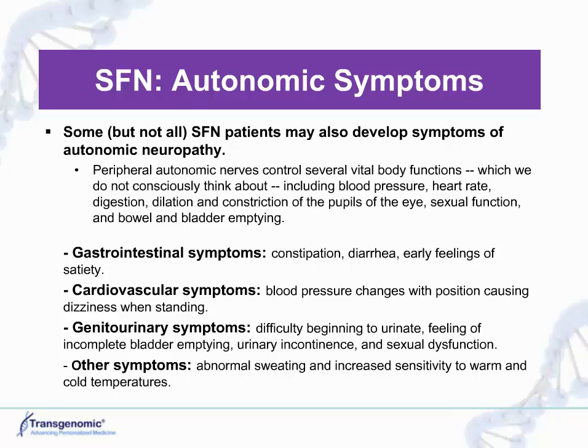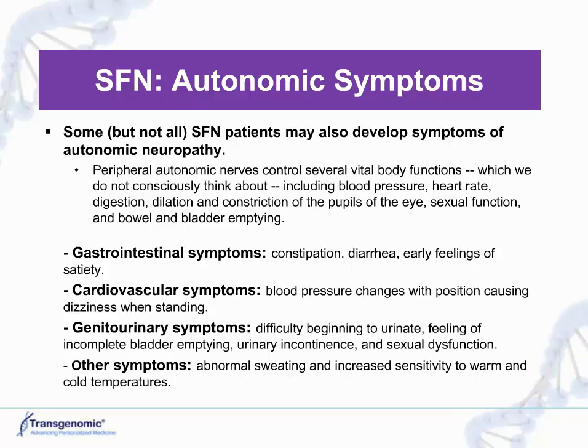And again, this is because certain peripheral autonomic nerves control vital body functions, which we do not consciously think about, and these can include things such as blood pressure, heart rate, digestion, different activities of the pupil in response to certain light levels or certain situations that we're in, sexual function, and bowel and bladder function.